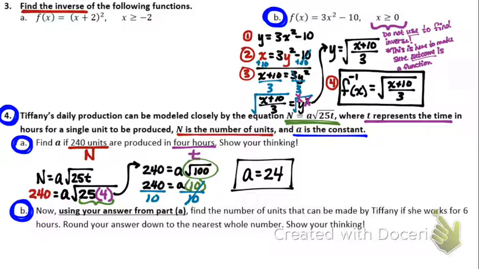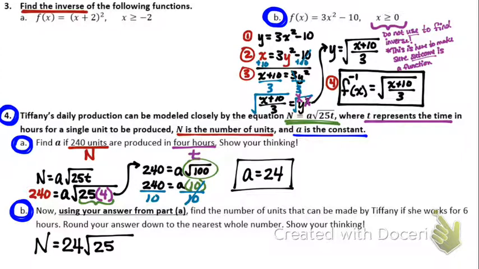Then what does it look like on the test? Part B, underlined and in bold, says what? Use your answer for part A. So what are we substituting in the place of A? 24. So I have N equals 24. Do I have anything else that I can substitute in?